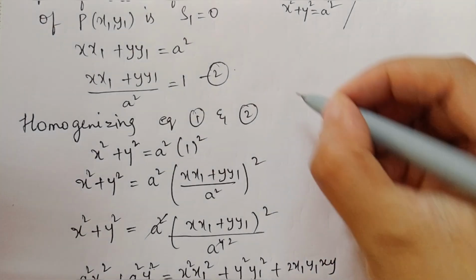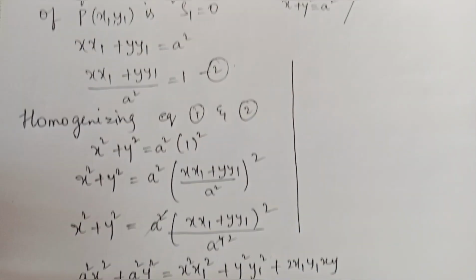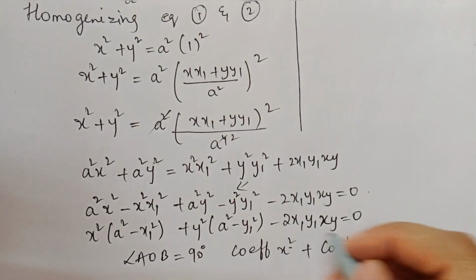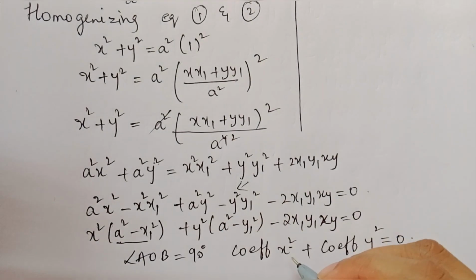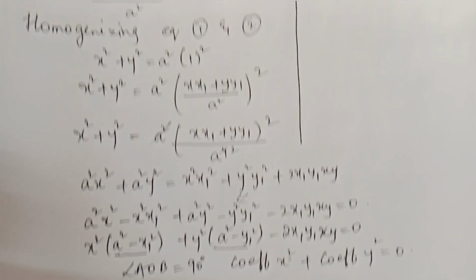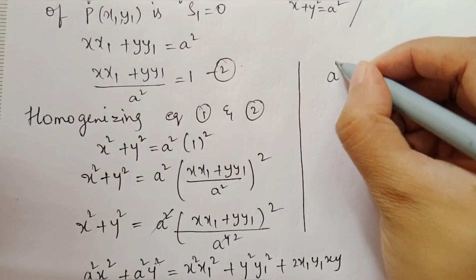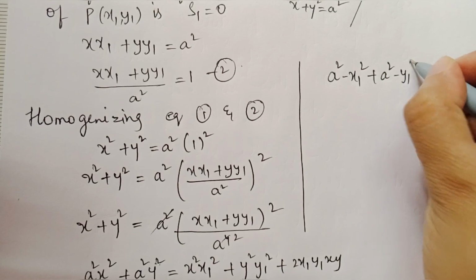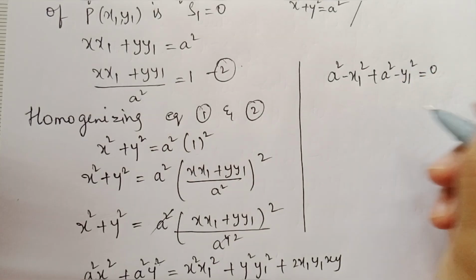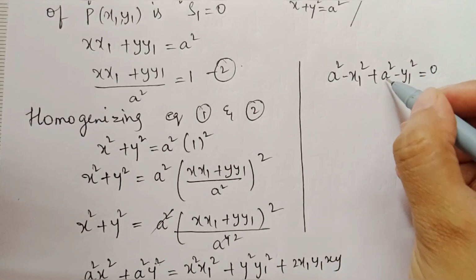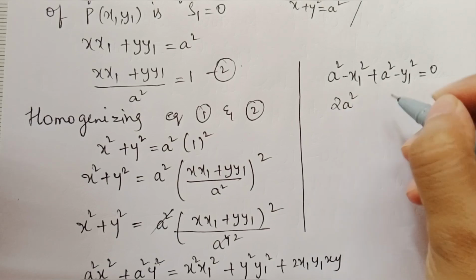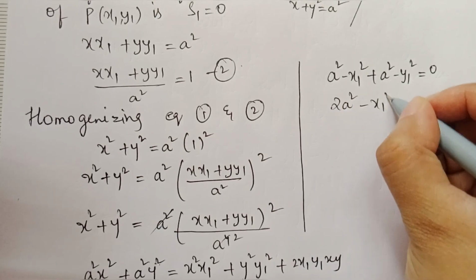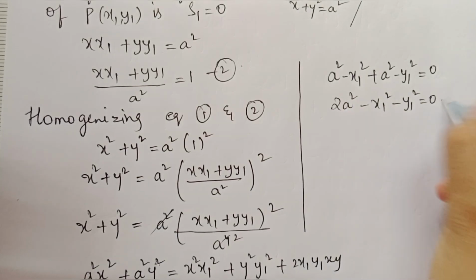So we can write it as, the coefficient of x square here is a square minus x1 square, and the coefficient of y square is a square minus y1 square. So we can write it as a square minus x1 square plus a square minus y1 square equals 0. So this can be written as a square plus a square is 2a square, minus x1 square minus y1 square equals 0.